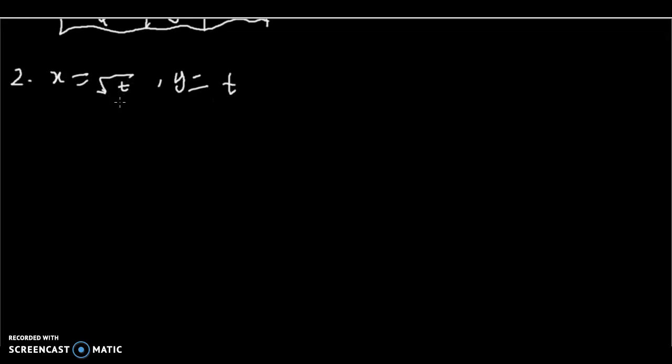Since we have root t, t varies from 0, it starts from 0 and ends at infinity. So we take t varying from 0 to infinity.